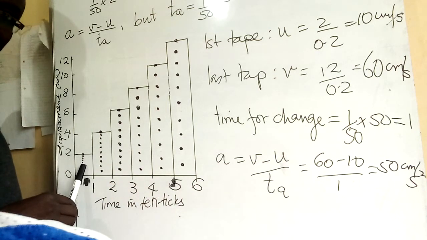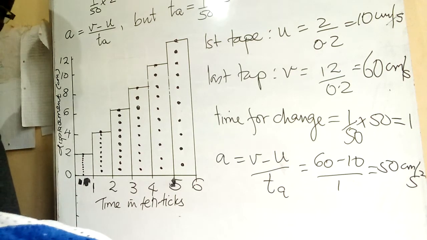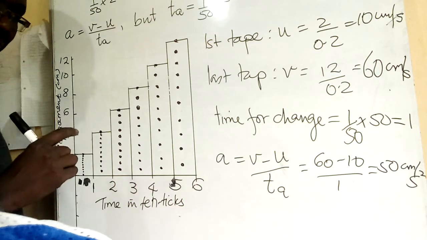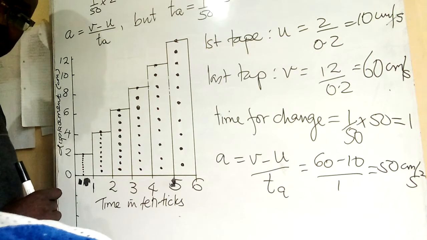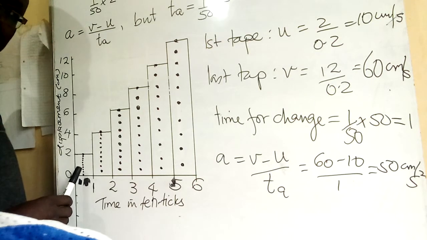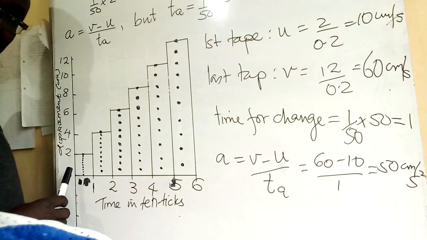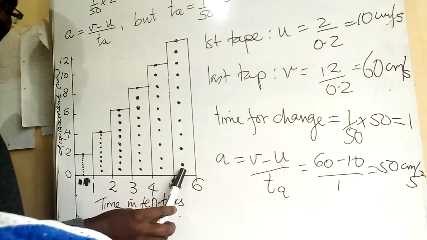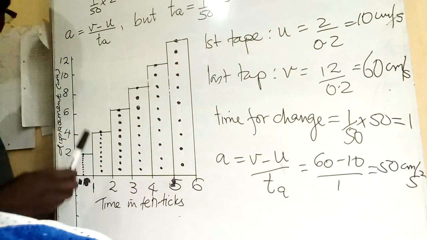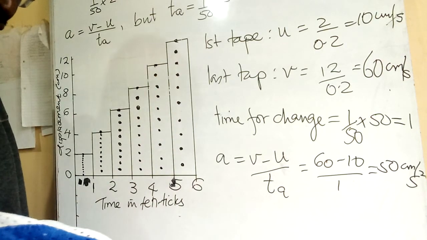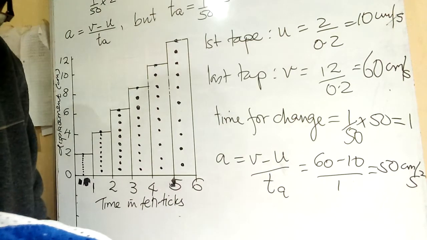So the first tape has a height of 2 centimeters. That gives me automatically the length of the 10 spaces. The last tape is here. Its length is 12.